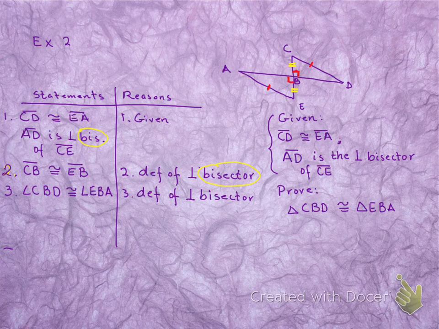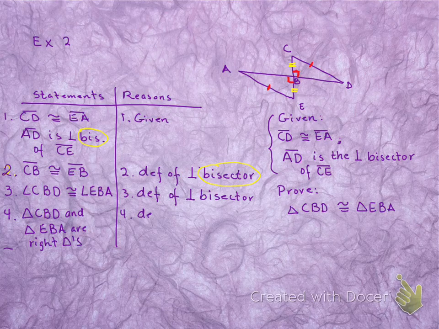Now, if you look at the illustration, we've got it marked up where we know that they are right triangles. So that is something that we need to say. You can't just go on and use the HL theorem without first saying that the triangles are right triangles. So we're going to say that triangle CBD and triangle EBA are right triangles.